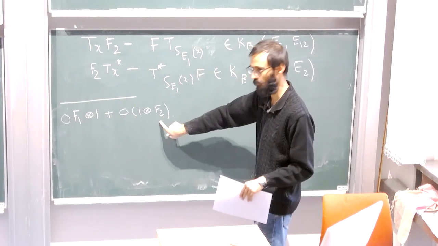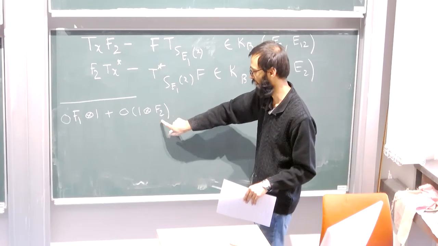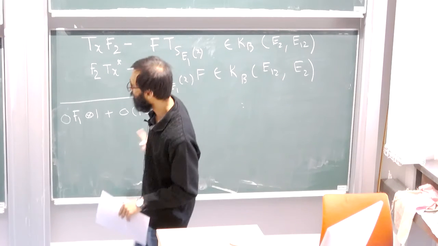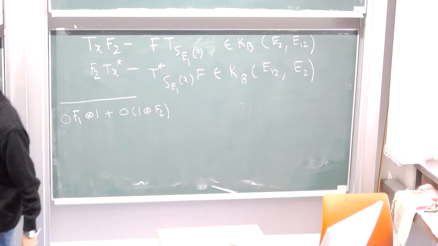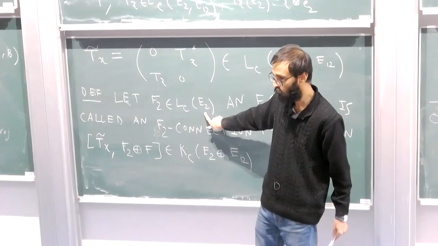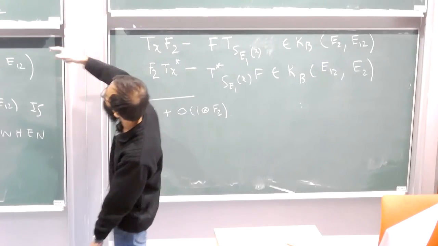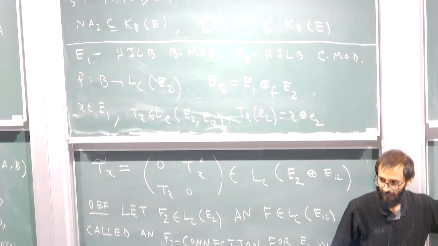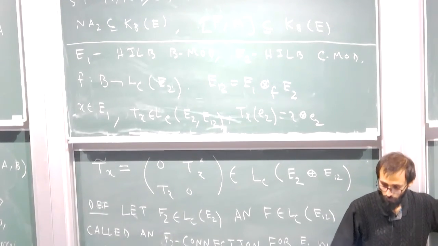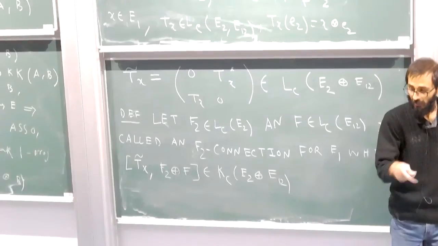So this is the pseudo-differential operator. But F2 is a C-linear operator on E2, and we don't know. So yes, this is over B, right? To make sense of this, we would need F2 to be left B-linear, which means it commutes with the phi 2 action. But we know it doesn't, because the commutator is compact.